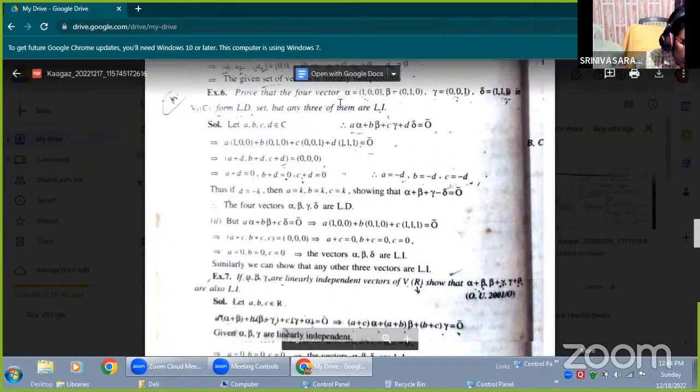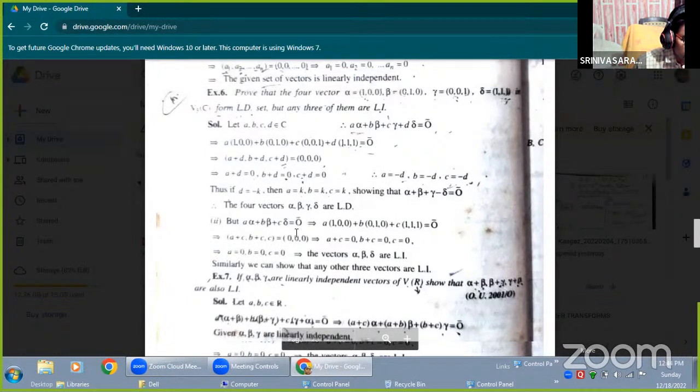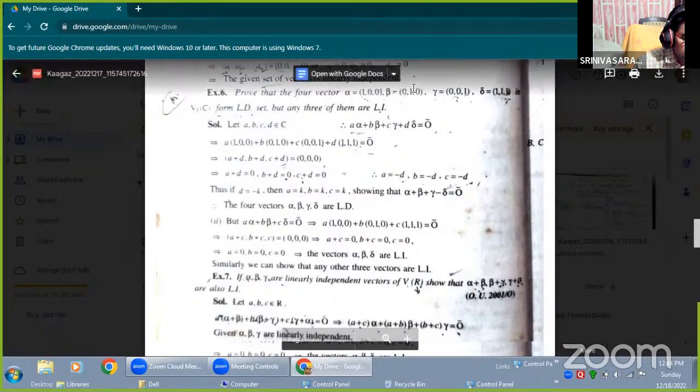So we are taking at least three, alpha, beta, del. Then the linear combination is A alpha plus B beta plus C del equal to 0 bar. Substituting the vectors, alpha is 1 0 0, beta is 0 1 0, and del equals 1 1 1.